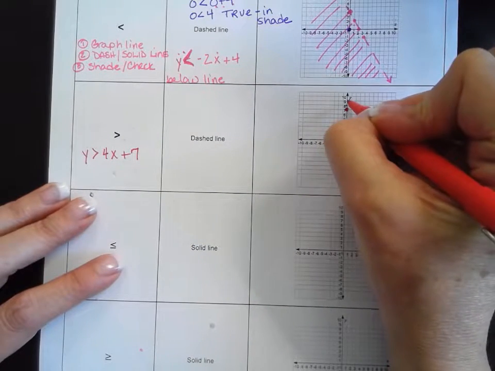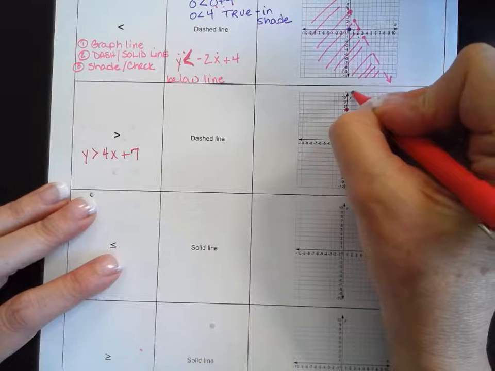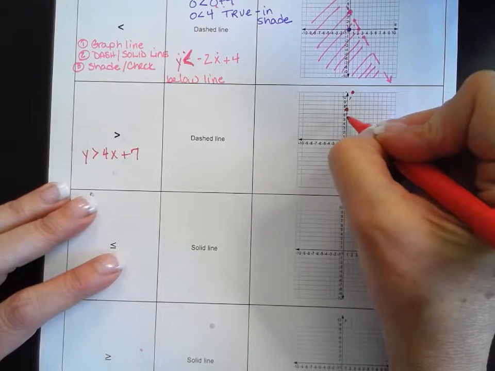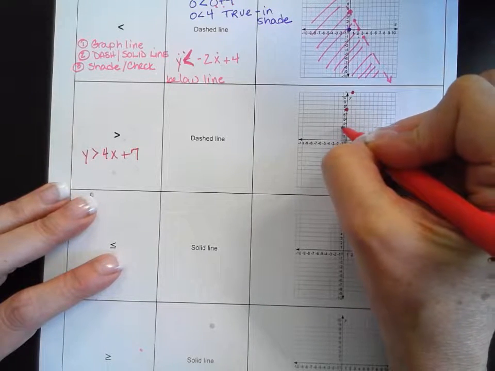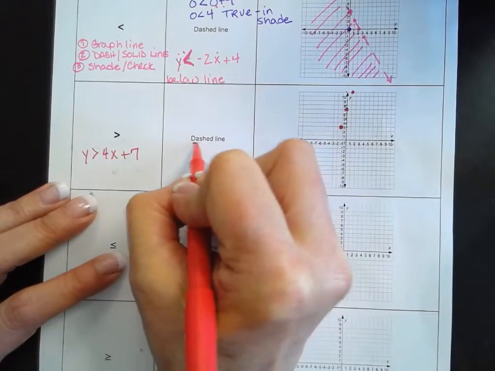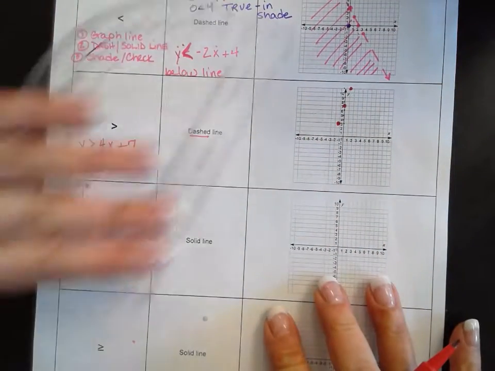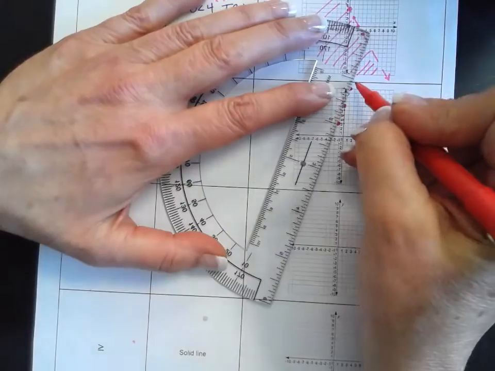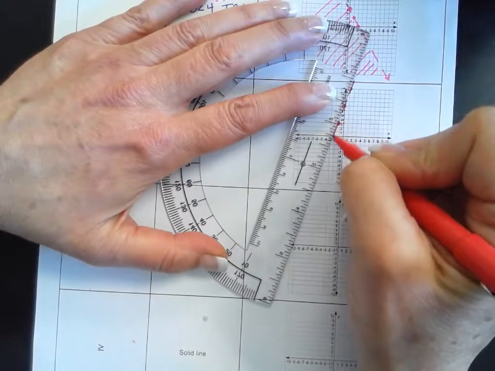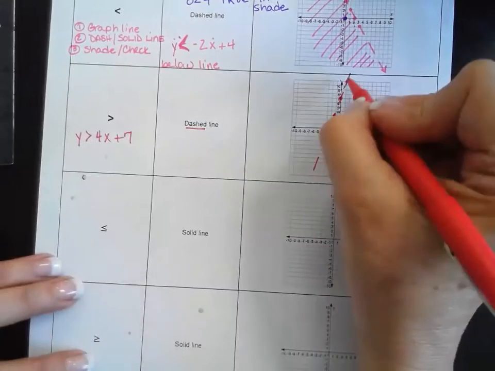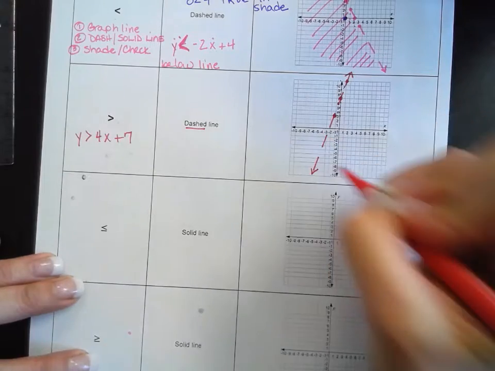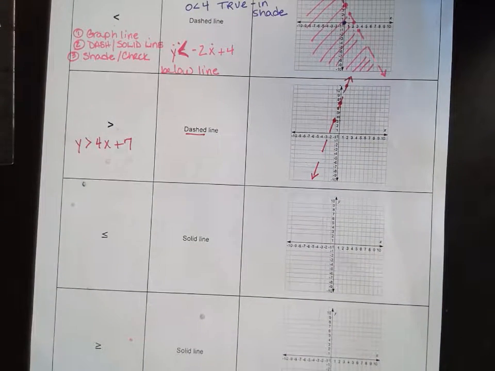I'm going to go up 2, 3, 4, and over 1. Down 2, 3, 4, and over 1. I have a dashed line because it's not included.